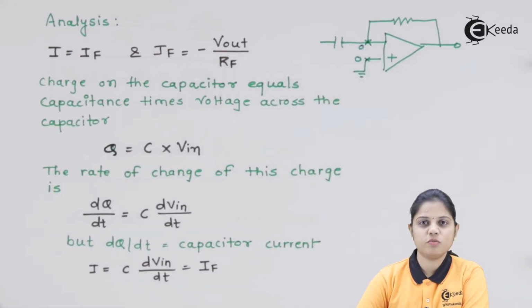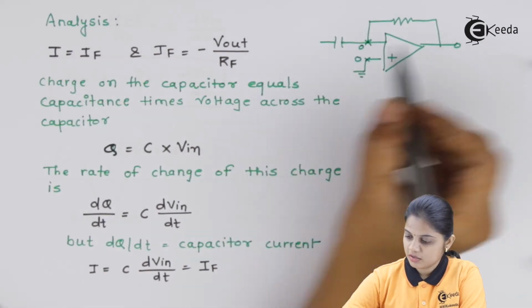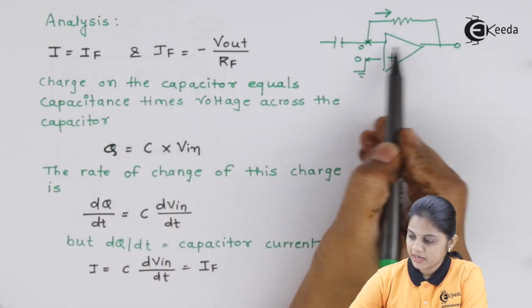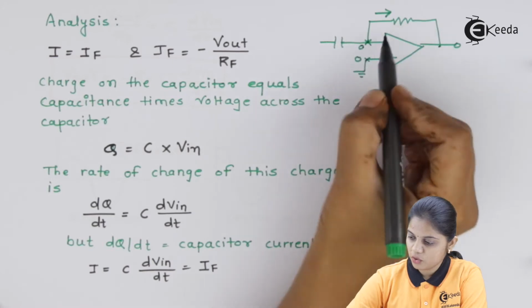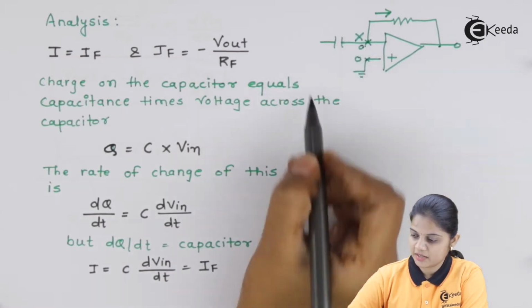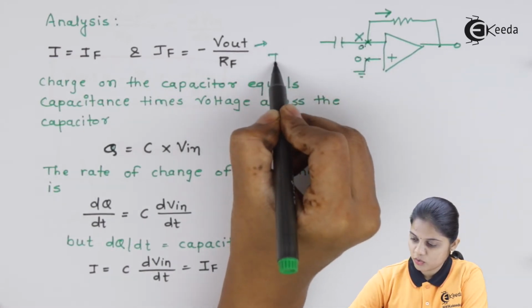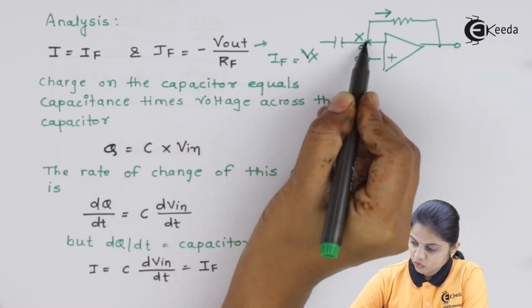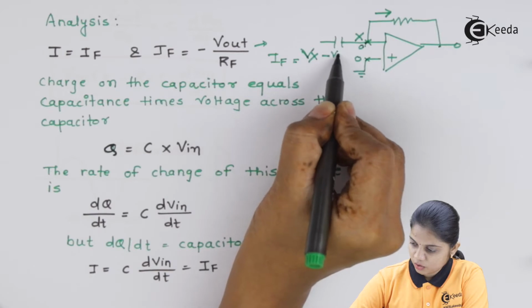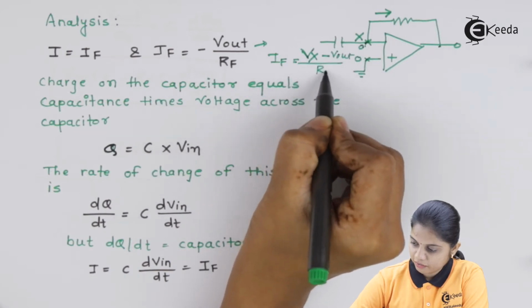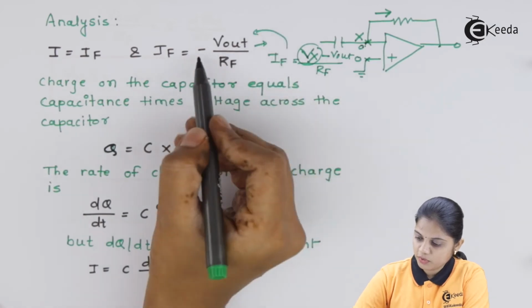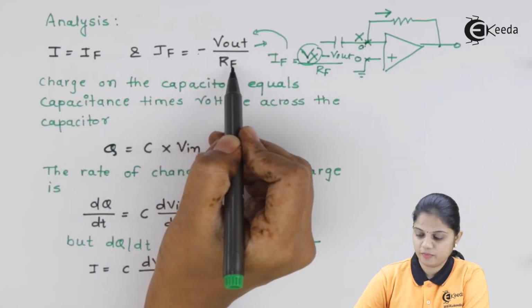If you assume this point is X, you can write IF is equal to Vx minus Vout divided by RF. Since Vx is equal to 0, the expression comes out to be minus Vout divided by RF.